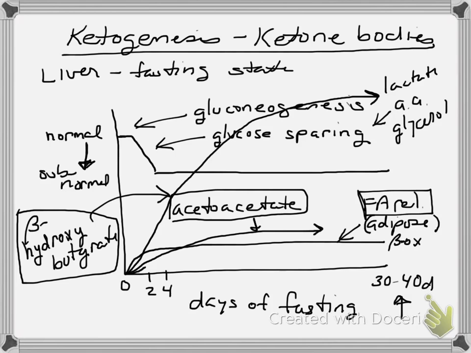So notice also here the amount of ketone bodies synthesized. The beta-hydroxybutyrate is synthesized at a much greater concentration than the acetoacetate is. And we'll get into this when we look at the reaction schemes of how ketone bodies are synthesized.